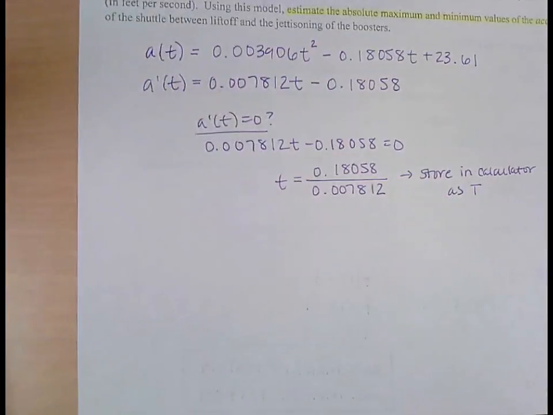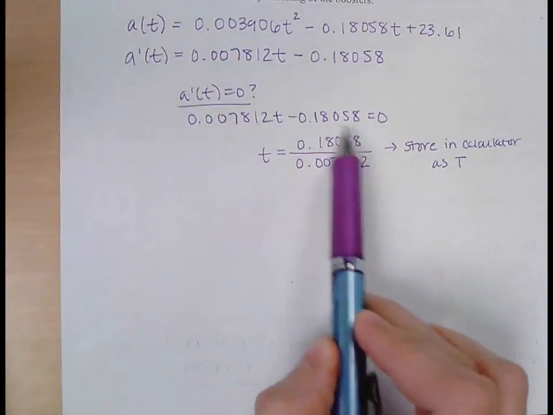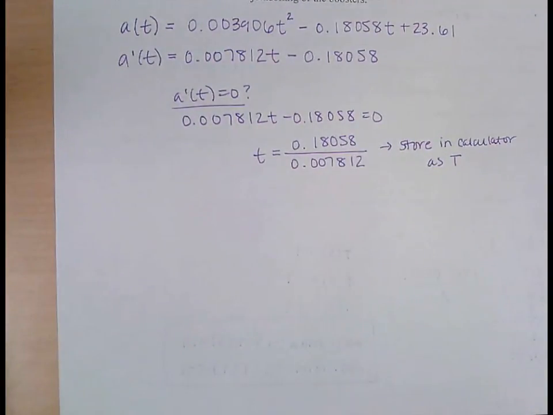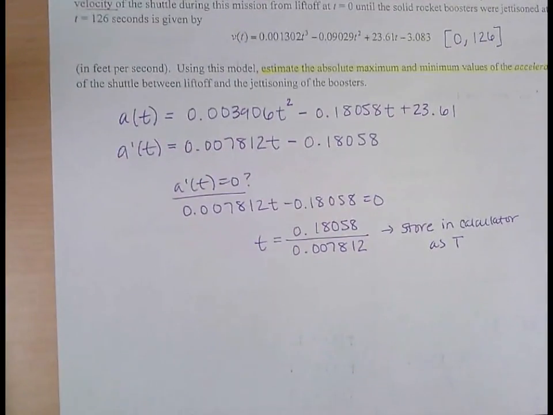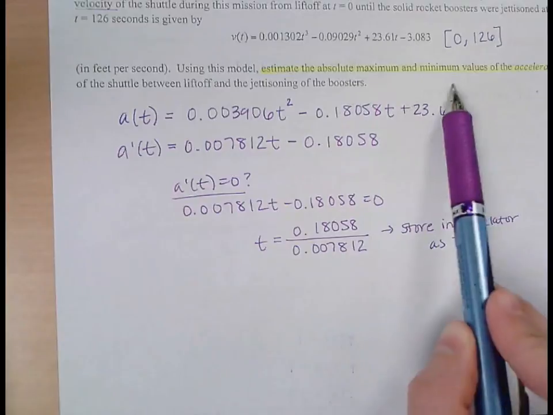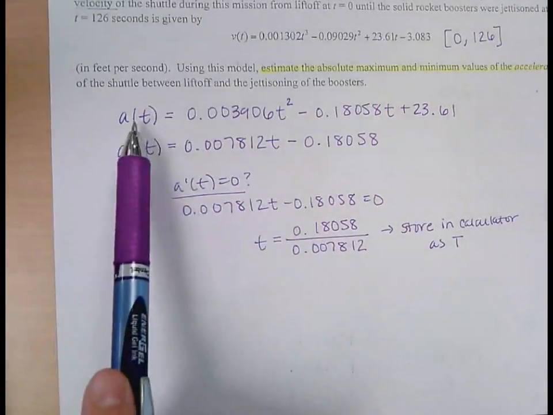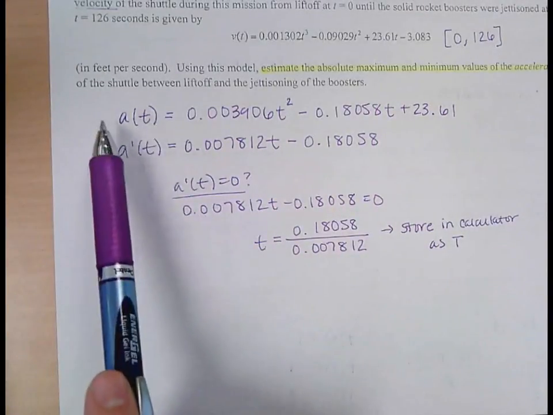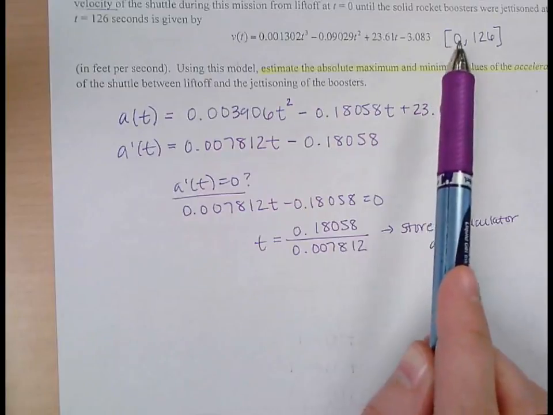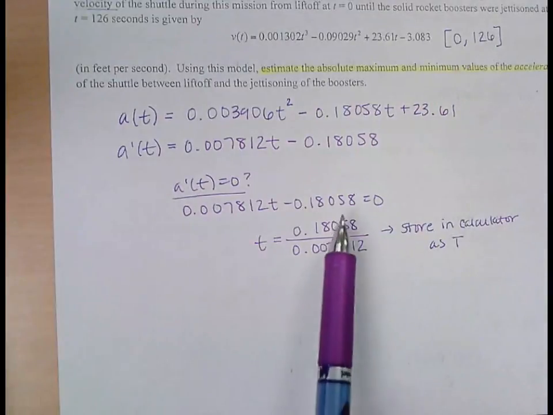So then, this is the only critical value we have, because again, it exists everywhere. To find the absolute max and min of the acceleration, I would need to evaluate the acceleration at the 2 endpoints, 0 and 126, and at this value.